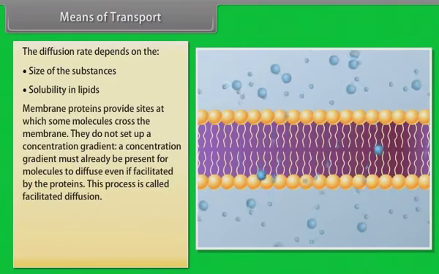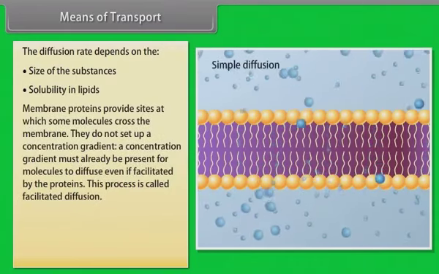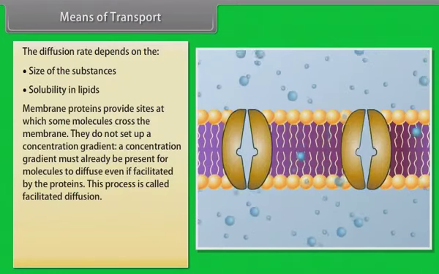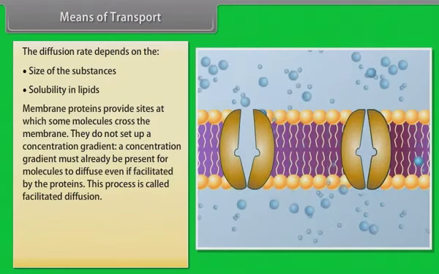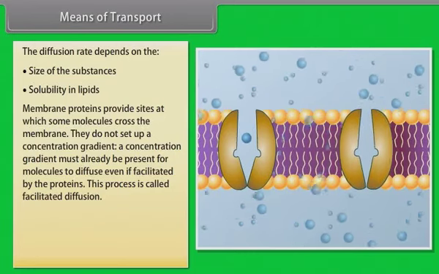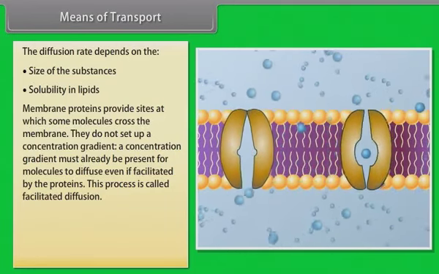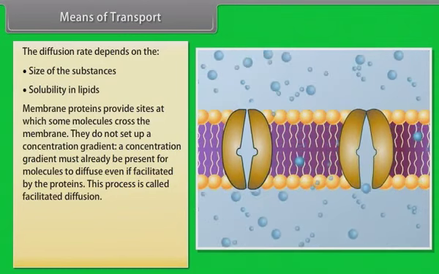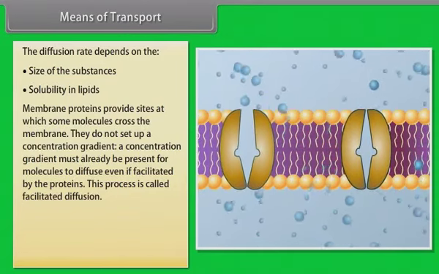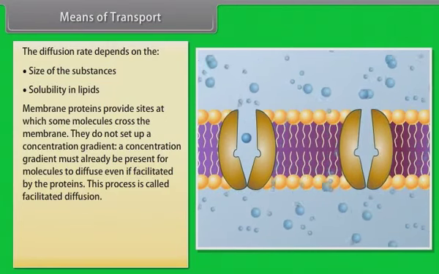Membrane proteins provide sites at which some molecules cross the membrane. They do not set up a concentration gradient. A concentration gradient must already be present for molecules to diffuse even if facilitated by the proteins. This process is called facilitated diffusion.